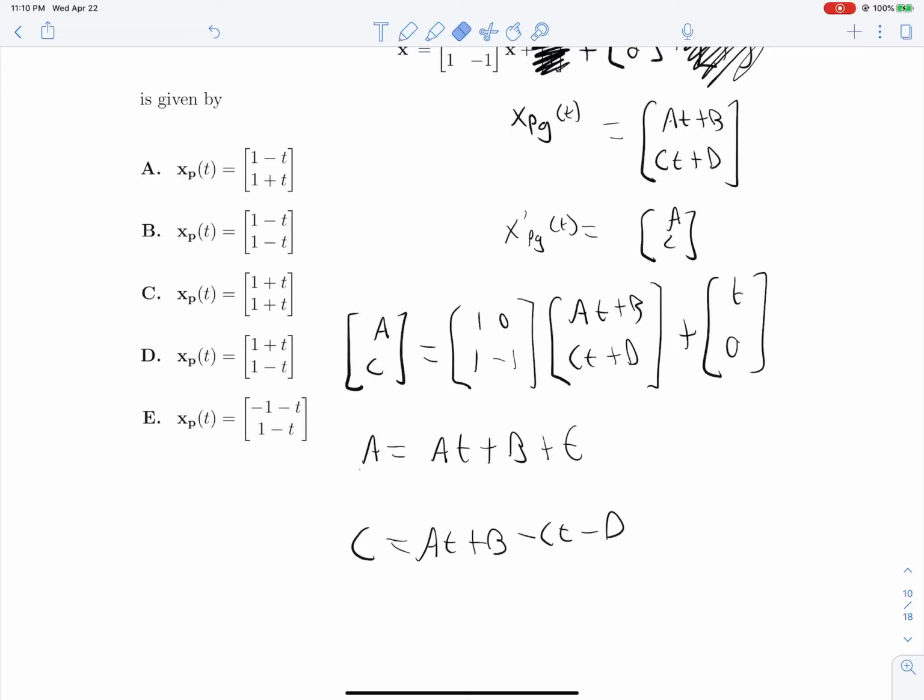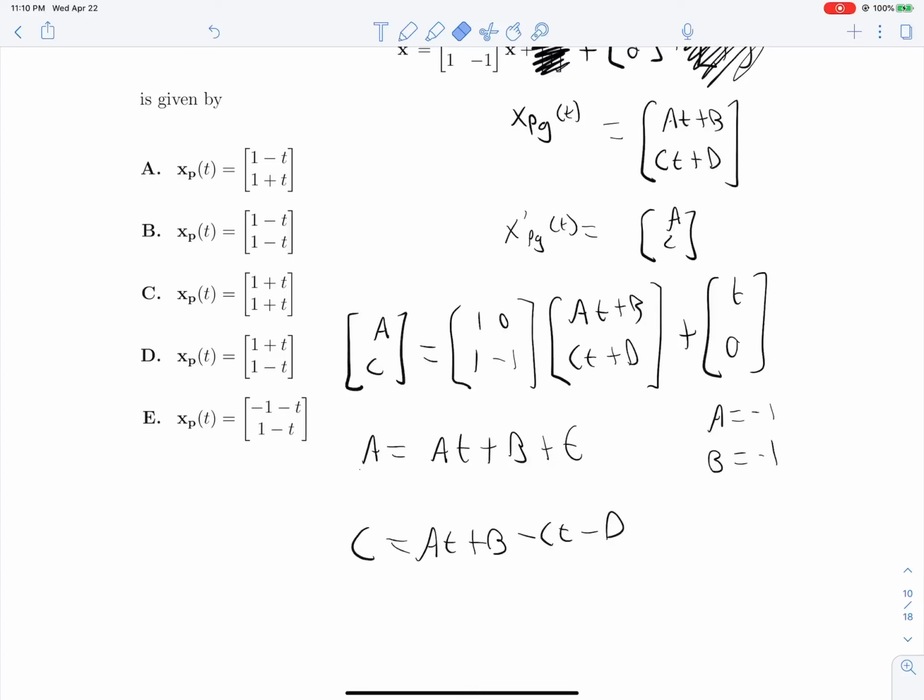Taking a look back up here, what I was about to do is set our t coefficients equal to each other. So at is equal to negative t, so a is equal to negative 1. And since a is equal to b, using our constant terms, b is also equal to negative 1.